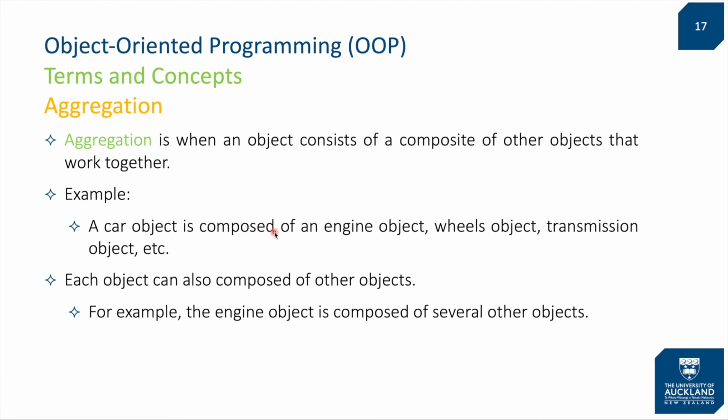When a class is composed of multiple other classes, we call that relationship, in object-oriented terms, an association and aggregation association.